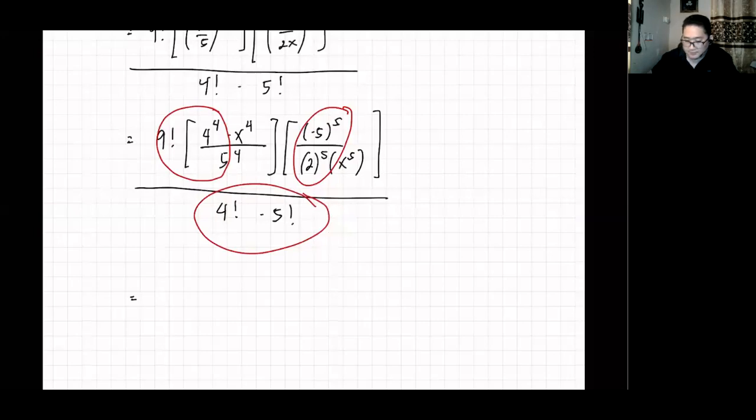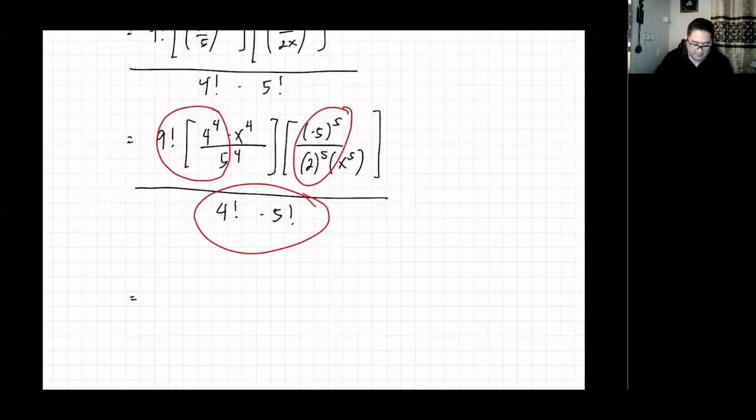Anong value? So, factorial pala dito. Okay. 9 factorial times 4 raised to 4. Don't forget yung multiply sign kasi minsan nag-error siya pag walang multiply sign after ng factorial.